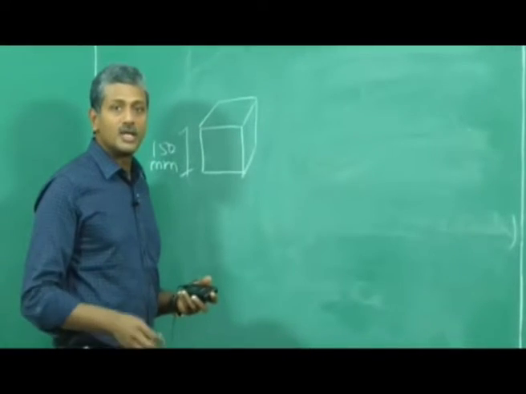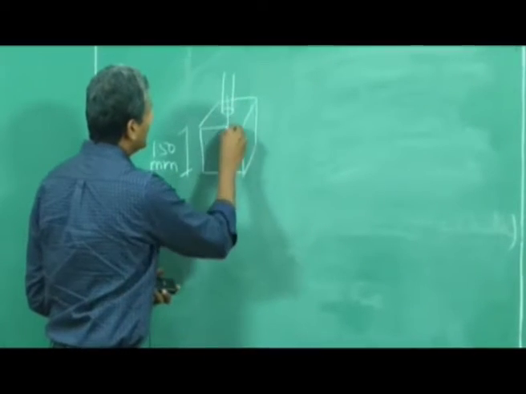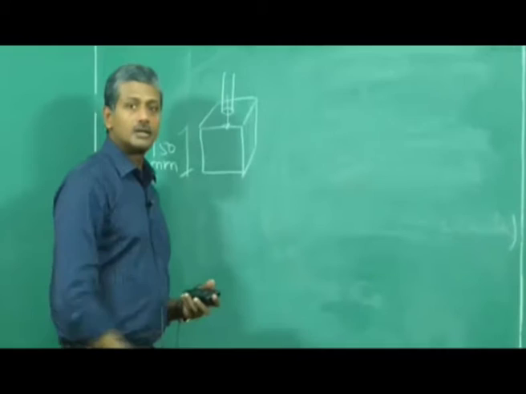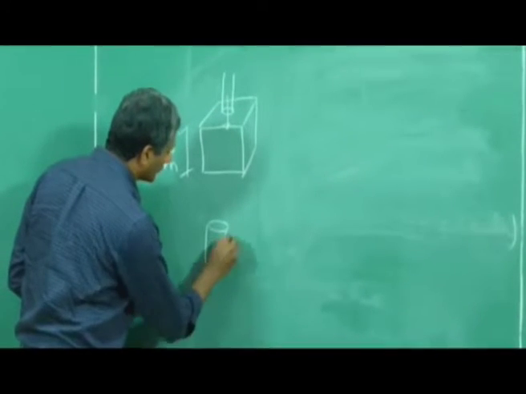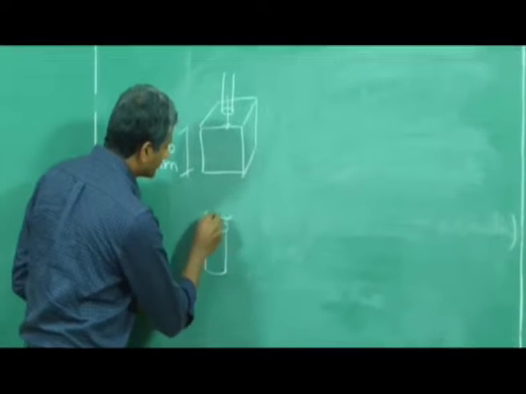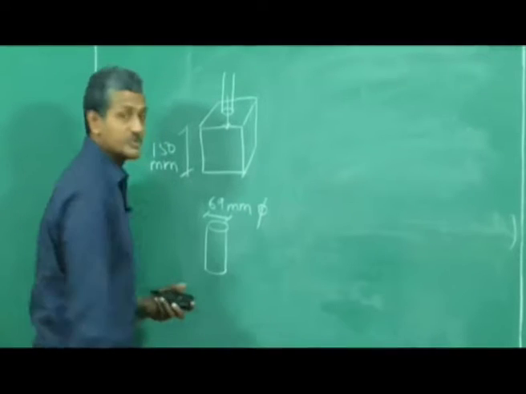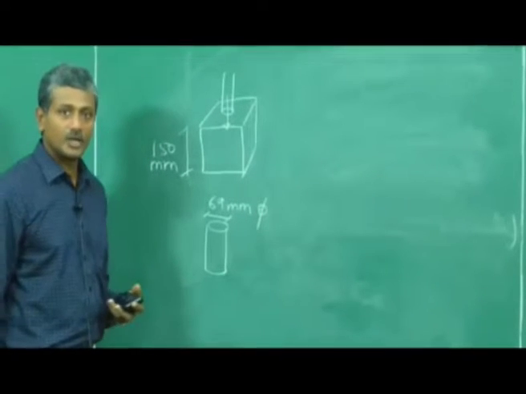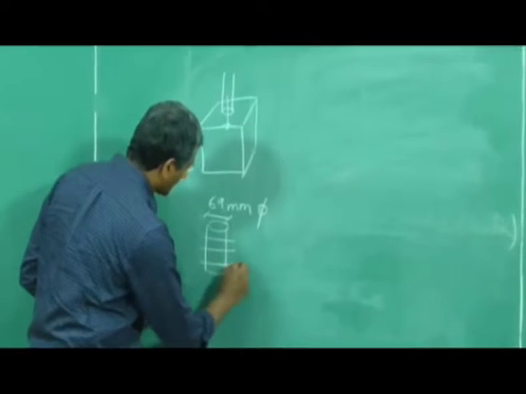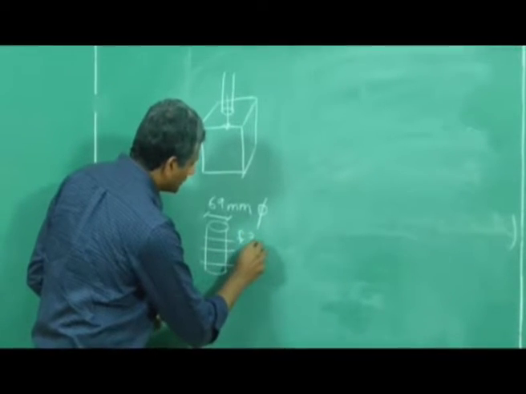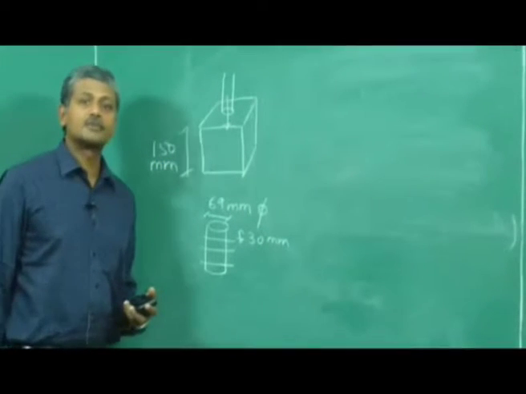So what you do is you take a coring machine and you drill into this concrete cube and pull out a concrete cylinder or cylindrical core of 69 millimeters diameter. Okay. And then what you do is you simply slice it into slices of 30 millimeters.